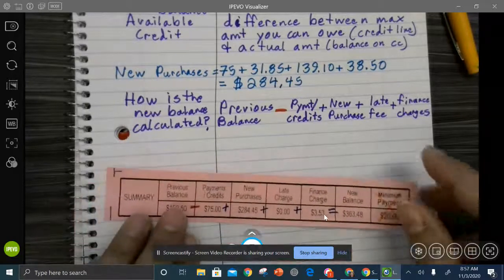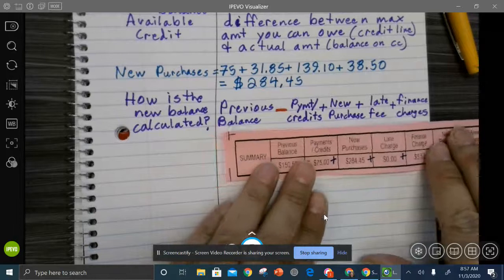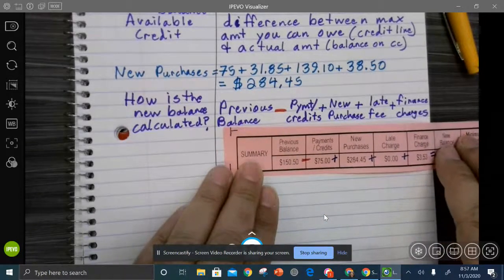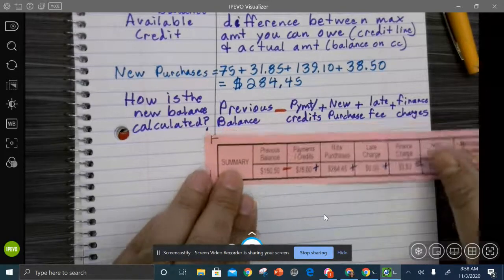Okay, so let's look at an example here, everybody. Let's just say we want to figure out what the new balance is and if it matches what they have here.